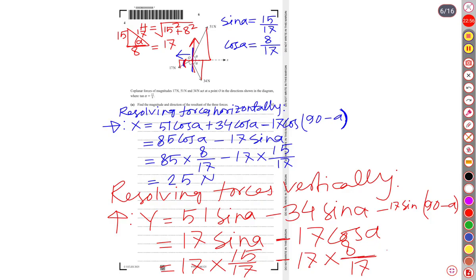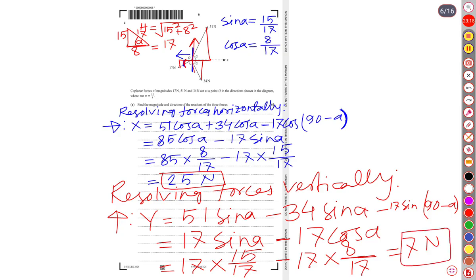Our resultant force is going to be 7. So 15 minus 8, that is 7 Newton. So the horizontal resultant force is 25 Newton and vertical resultant force is 7 Newton.